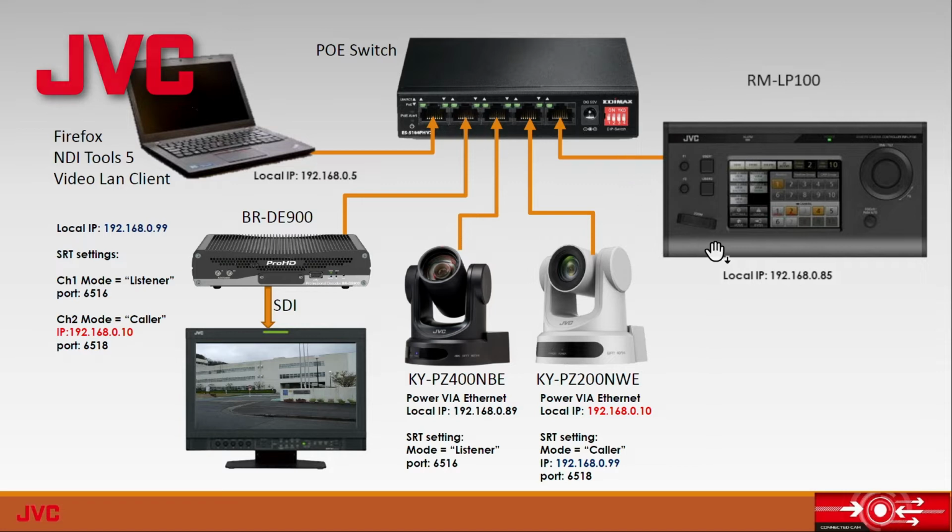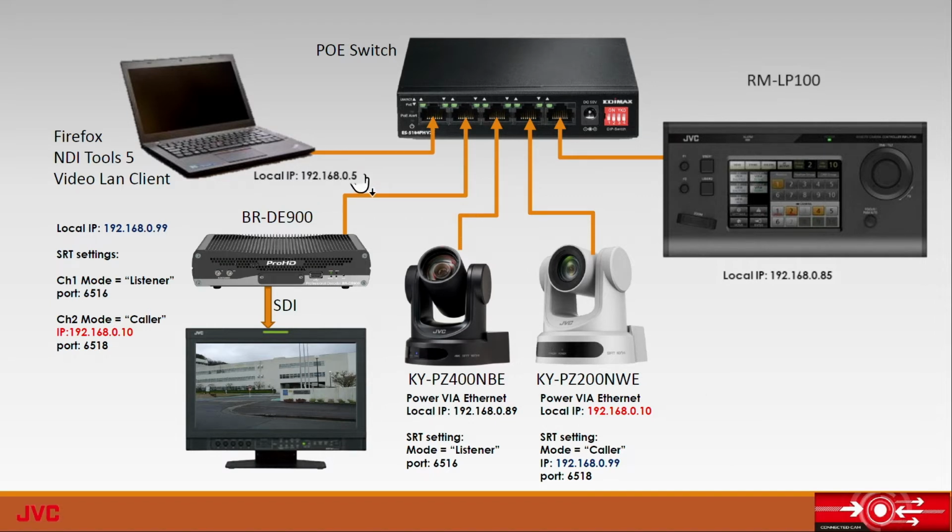The network setup is basically in the same IP address range, so they're all starting with 192.168, and the controller, for instance, has the end number 85, the KY-PZ200 has end number 10, and the KY-PZ400 ends on 89. The decoder has the end number 99, and the PC is ending on number 5.